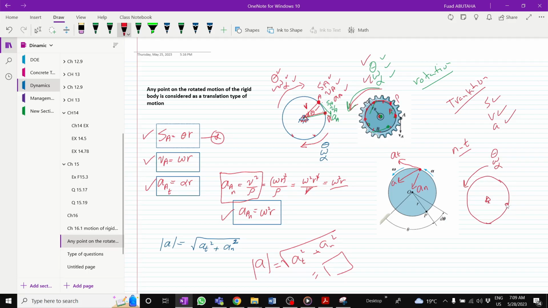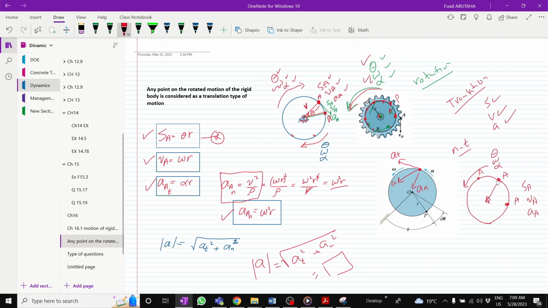And if there is any point here, point A, that moves as a result of the rotation, it starts here, after some time comes here, after another time comes here, etc. So the motion of these points is translation, and it should have the position of A, the velocity of A, and also the acceleration of A, and the whole body will have theta, omega, alpha.